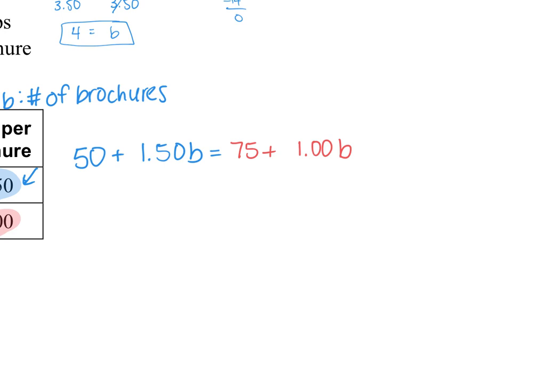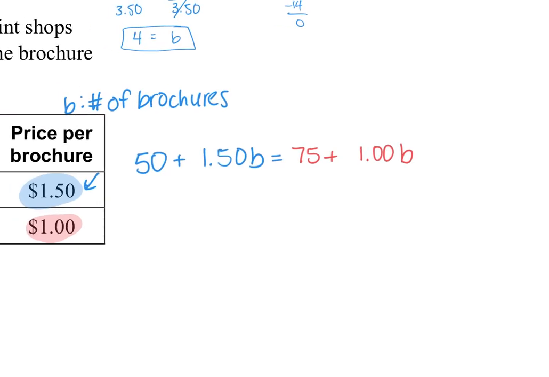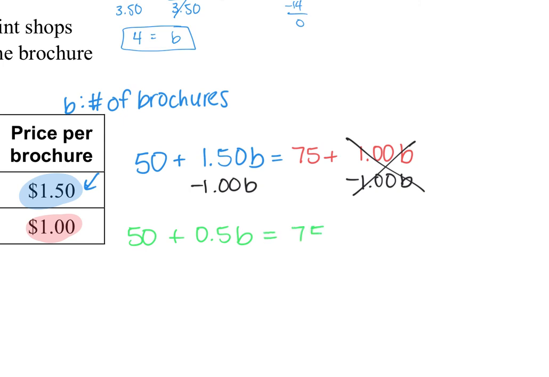So from here, what would I do to solve it? Well, I know I want to move this B over, minus 1.00B, minus 1.00B, so I keep my B value positive. This is going to give me 50 plus 0.5B equals 75.